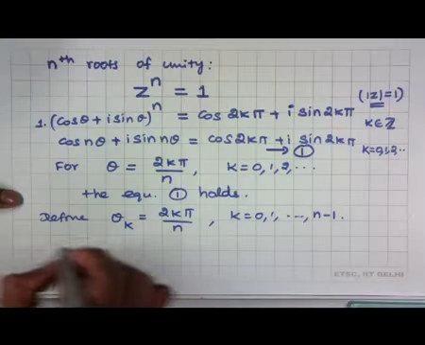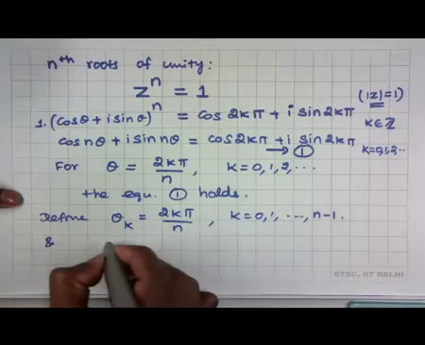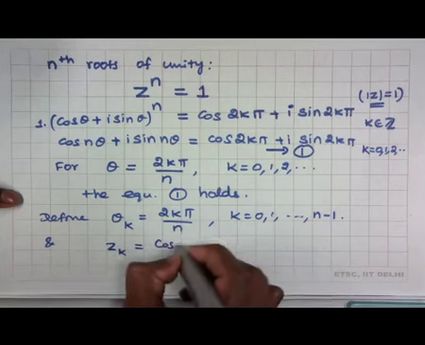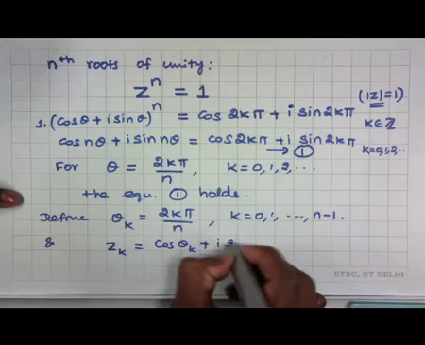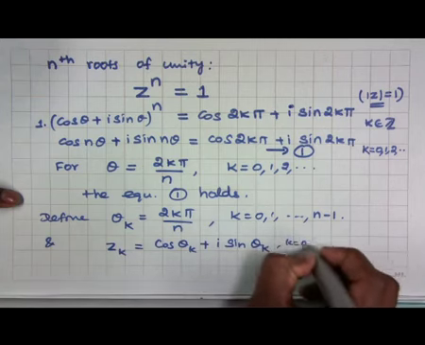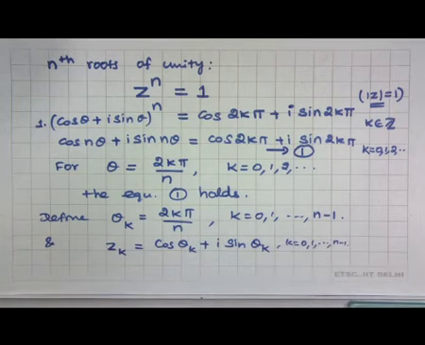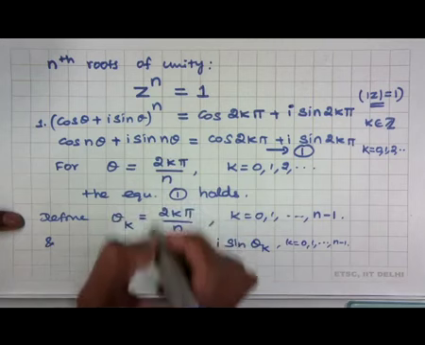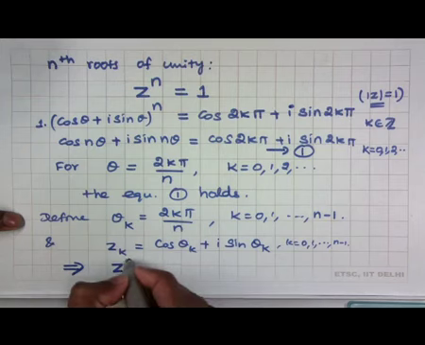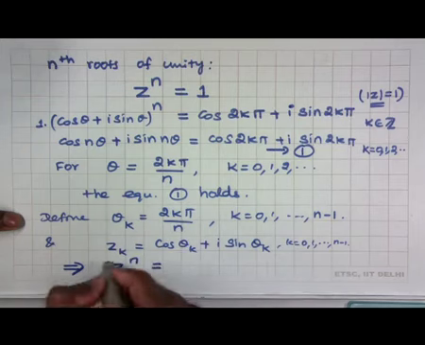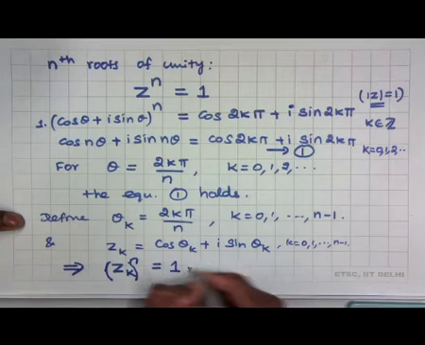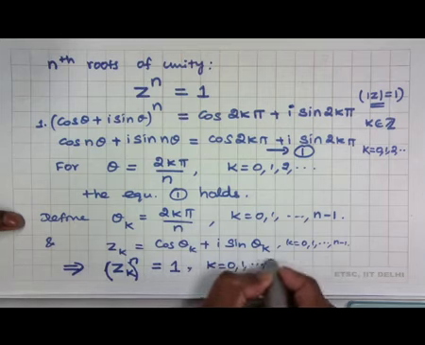So let us define zk, the corresponding complex number, which is cos theta k plus i sin theta k, again with k from 0, 1, etc. What I know from the derivation is that these numbers are nth roots of unity, power n is 1, for all k from 0, 1 to n minus 1.